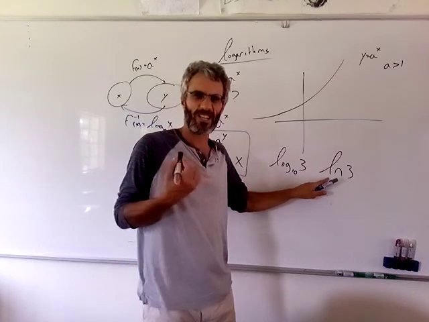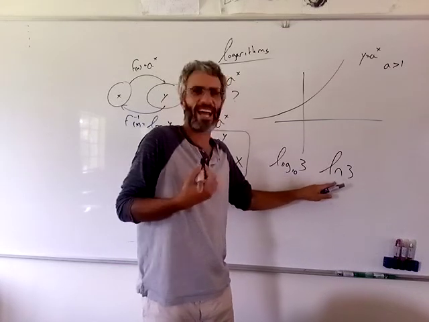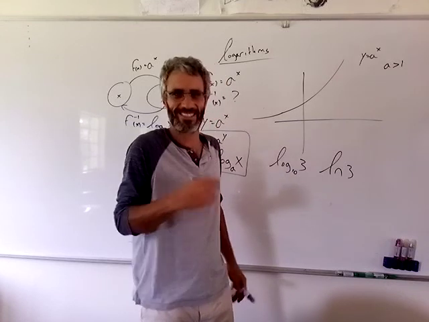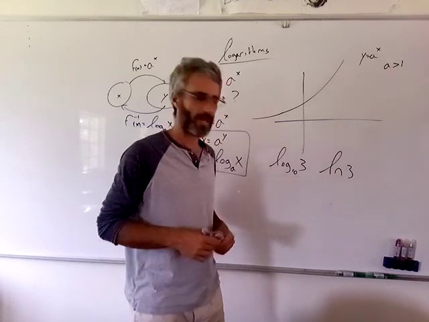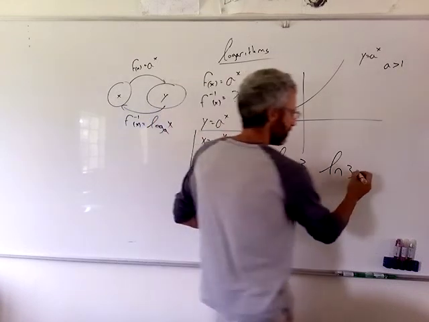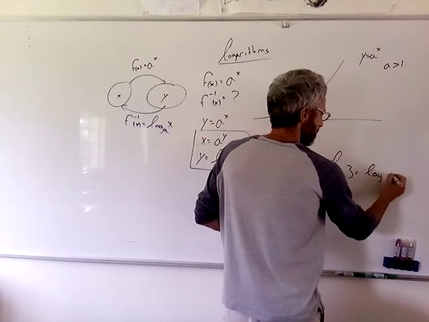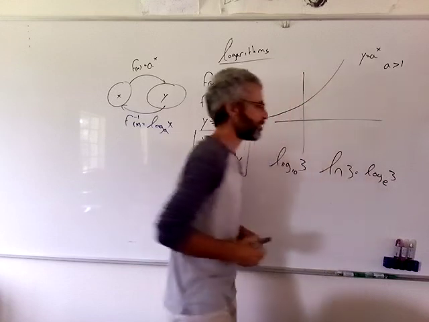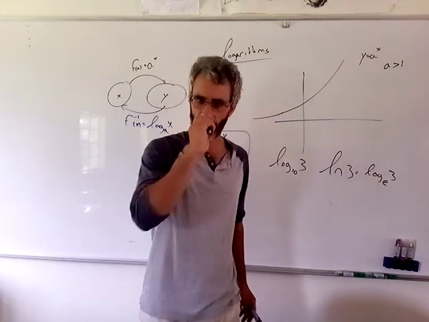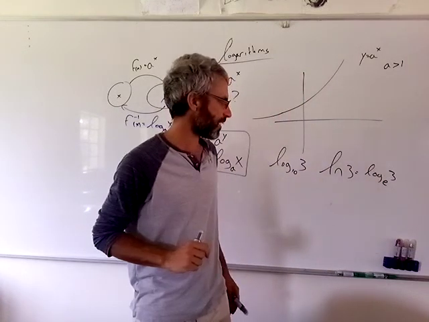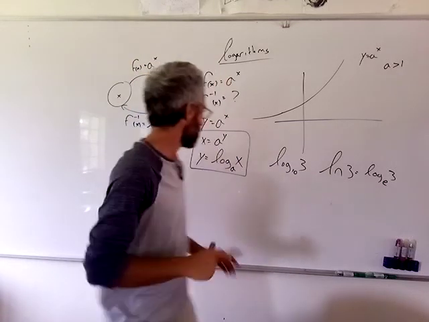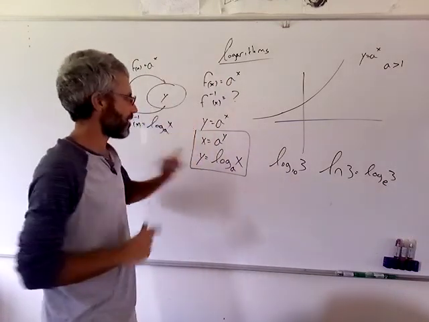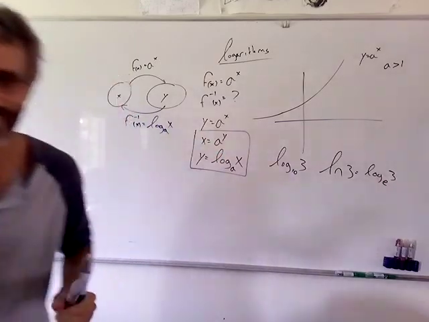N for natural. The natural logarithm really means that the base is this special number e, which we are hopefully going to learn about later this week. It's 2.71 whatever. It's an irrational number. So again, this is what we've got to remember.